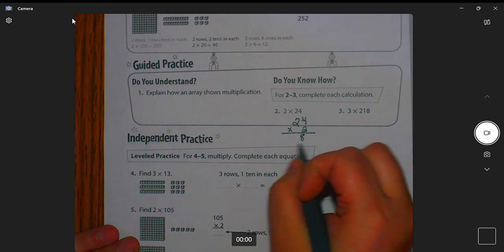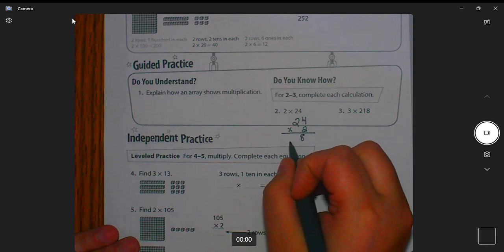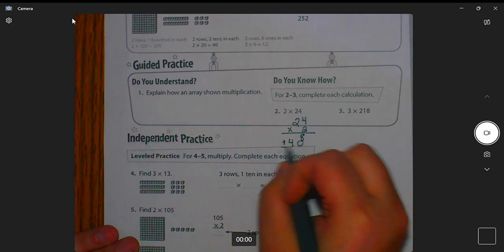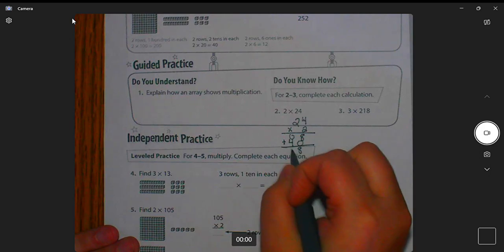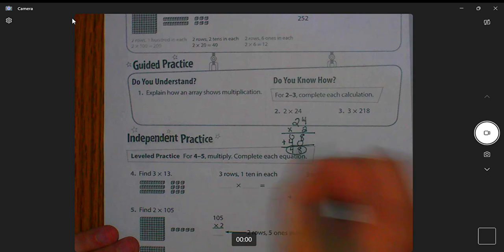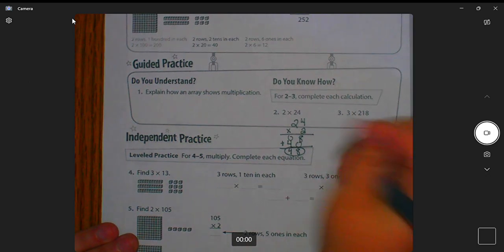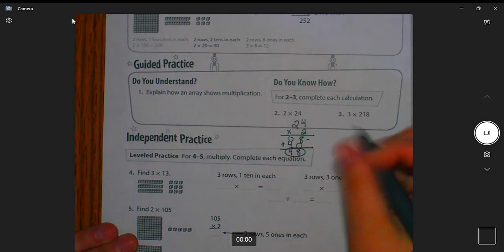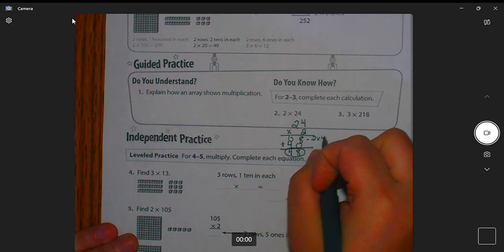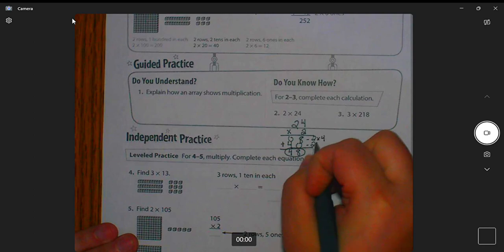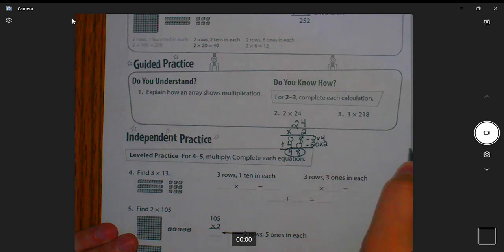So you're saying 20 times 2. 20 times 2 is 40. So 8, and then 4 plus 0, 4. And that's how you do it. Because you're saying you have 2 times 4, 20 times 2. And that's where you're getting those numbers.